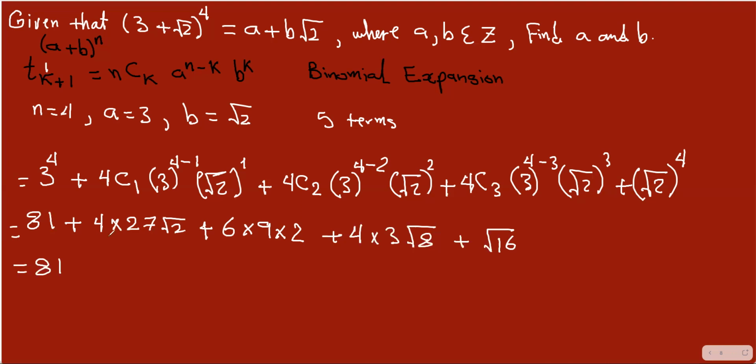There's going to be 81. 4 times 27 is 108, sorry, plus 108 root 2. And then 6 times 9 times 2 is 108, plus 4 times 3 root 8, that's just going to be 12 root 8, plus square root of 16 is 4.